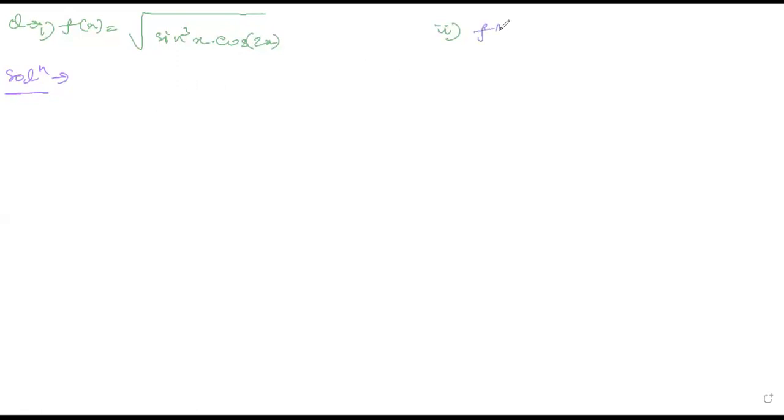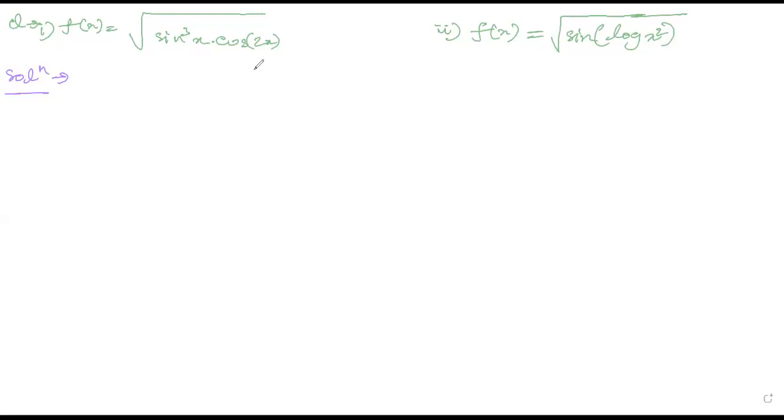Thank you, Faisal. The second question was root over sine of log x square. So let's first start with root over sine cube x into cos 2x, and then we will reach sine of root over sine of log x square.